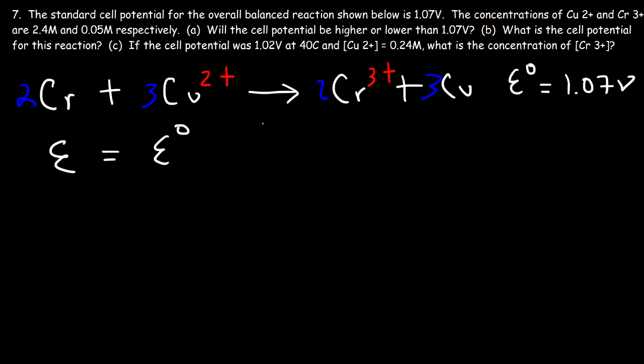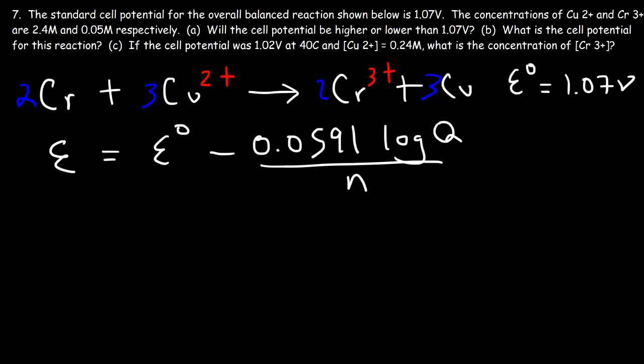The cell potential is going to be equal to the standard cell potential minus 0.0591 times log Q divided by N. So this is assuming the temperature is standard. And since nothing was specified about the temperature, we're going to assume that the temperature is the standard temperature of 25 degrees Celsius or 298 Kelvin.